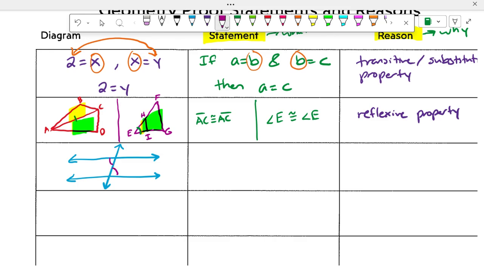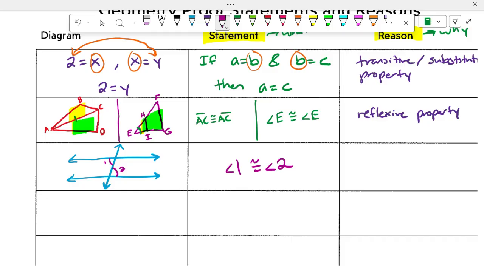Let's say I had these two angles right here, angle 1, angle 2. What can I say about those two angles? Are they congruent, supplementary, complementary? What do you think? They're congruent. Why are they congruent? What property tells us they're congruent?